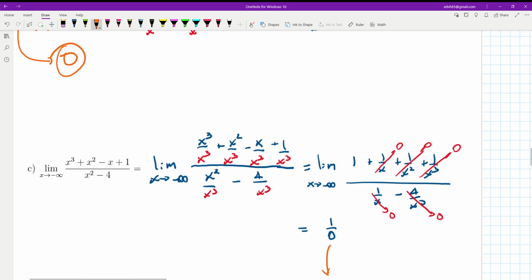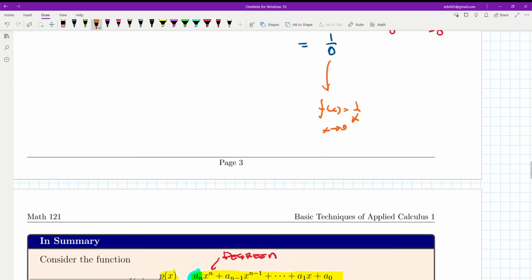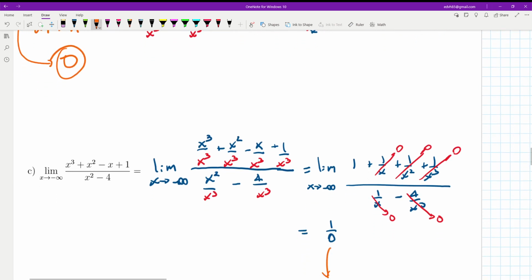Now, for this case, well, did I word it? Oh no, that's supposed to be m greater than. This is supposed to be the other way around. It is like this.